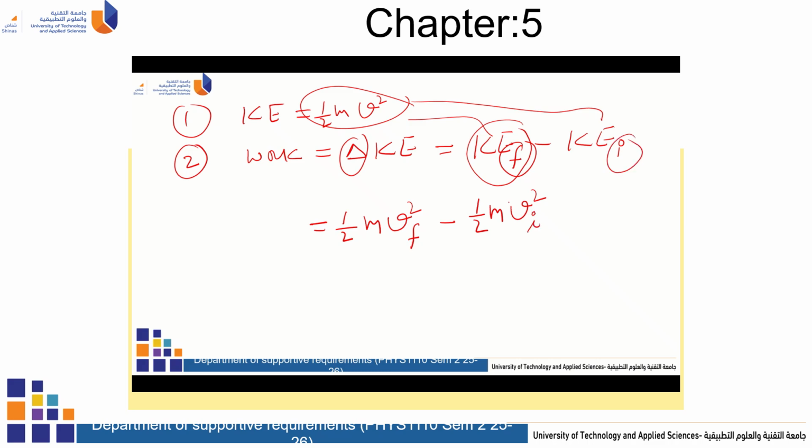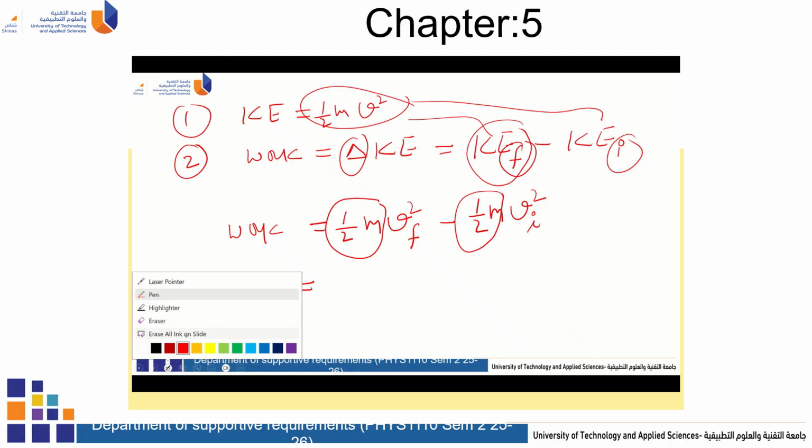So this is the rule for the work done. If I make this rule simple, I can take the half m common from here. So this half m is coming here, and this half m is coming here.